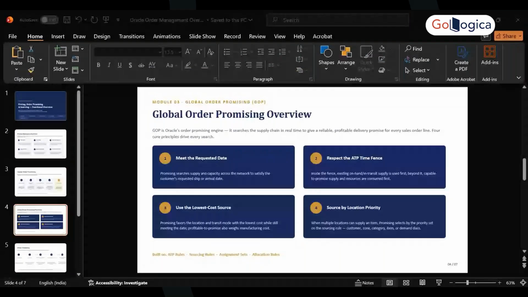In today's business environment, customers expect accurate delivery commitments. Similarly, accepting an order is not enough. The organization must ensure that the promised delivery date is realistic and achievable.